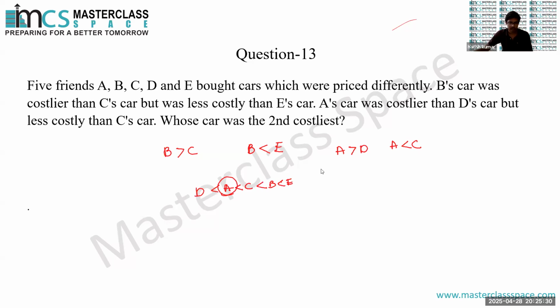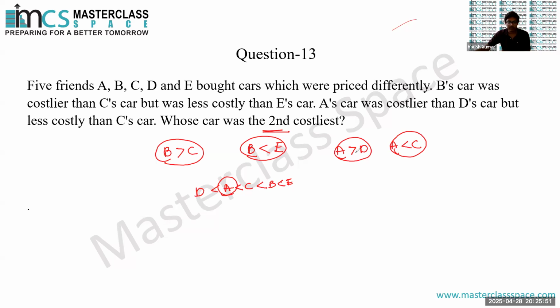A's car is the second costliest car, guys. See, B's car was costlier than C. So B is greater than C, but B is less than E. A's car was costlier than D. So A is greater than D, but A is less than C, right? So C is the connection point.